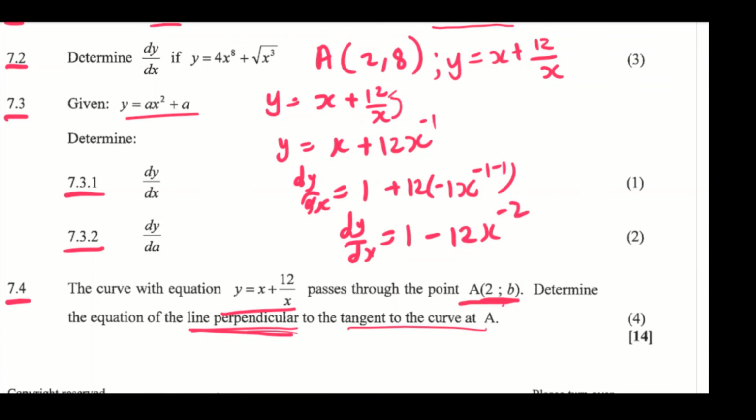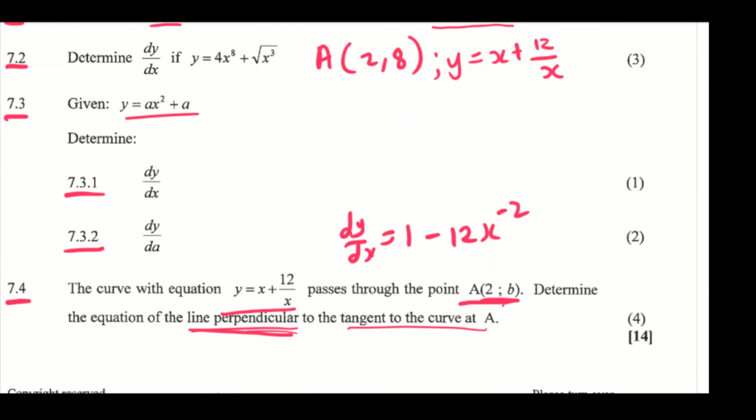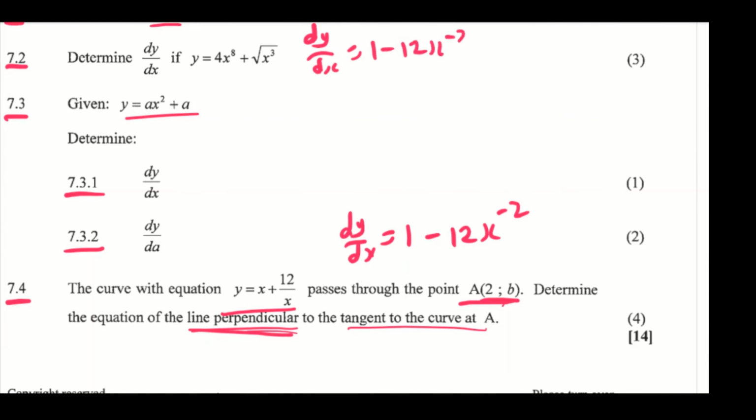So that is the derivative of this expression here. And what we need to note is that this derivative, the tangent, the x value of the tangent is the point of a, actually. So let me just write it nicely. So d of y over d of x is equals to 1 minus 12x to the power of minus 2.